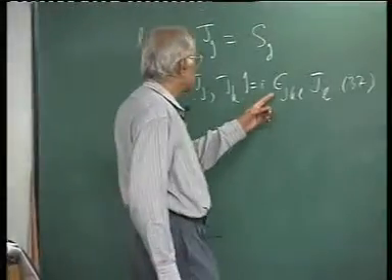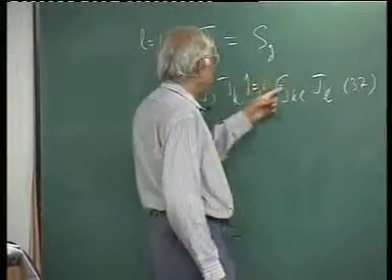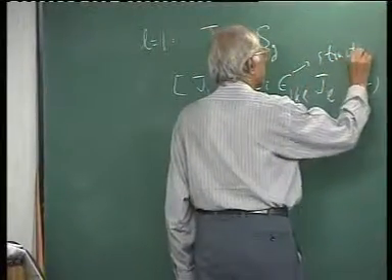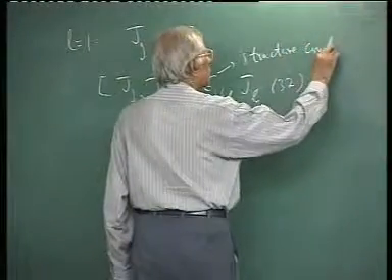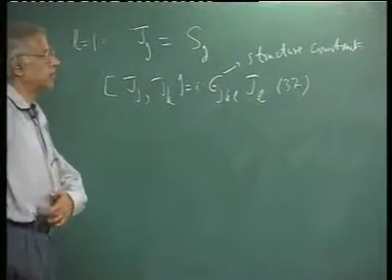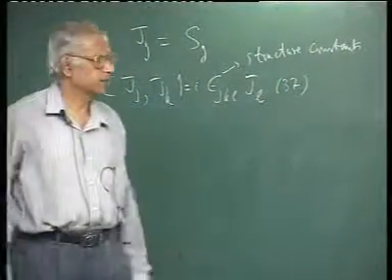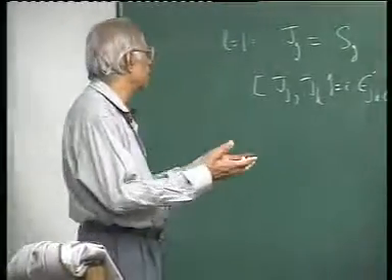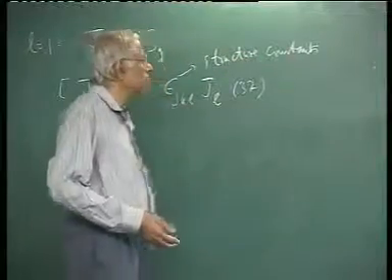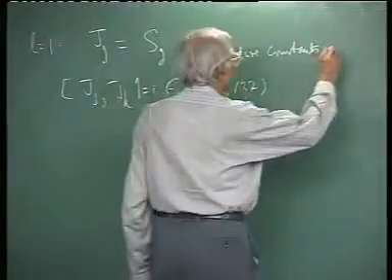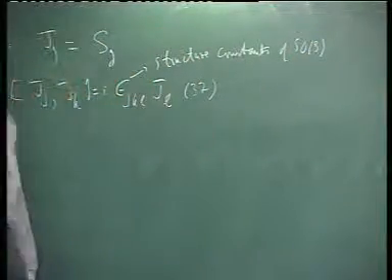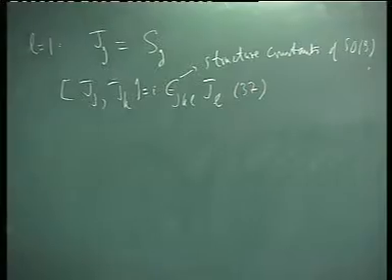The coefficients which appear in these commutation relations are called the structure constants of the group. So we can say the Levi-Civita symbol, taken all together, all 27 components of it, constitute the structure constants of the group SO3. This is a notion I am just introducing here, just to prepare the way for later.